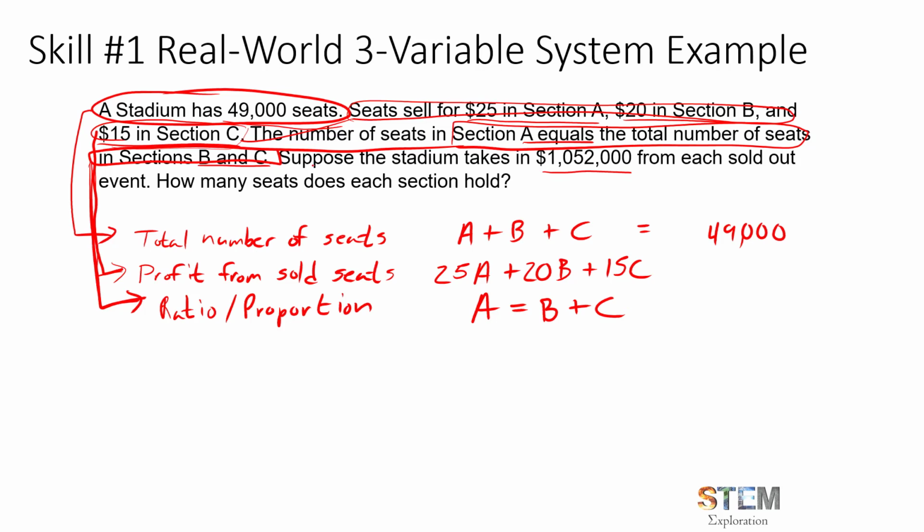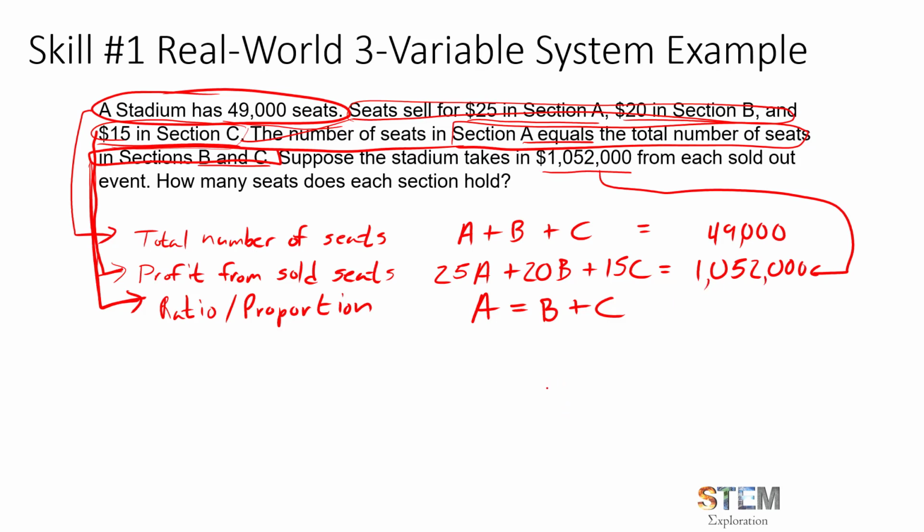And it says, suppose the stadium takes in $1,052,000 from each sold out event. That'll be used over here to tell me that if I sell all of the seats, I now have this equation that's created.